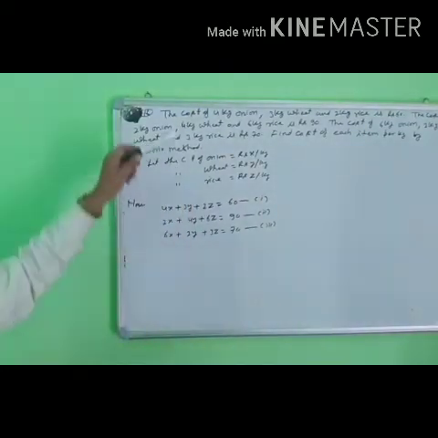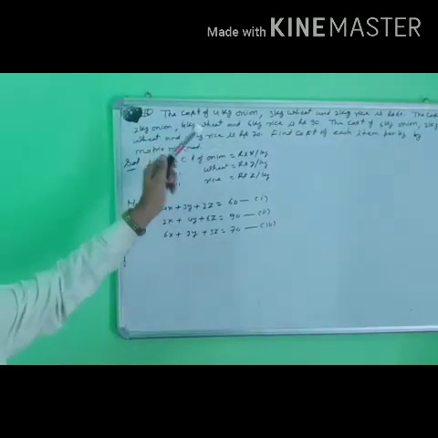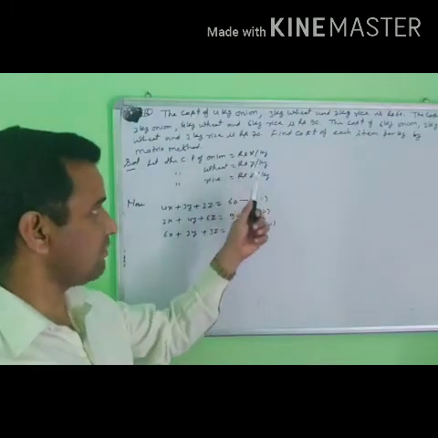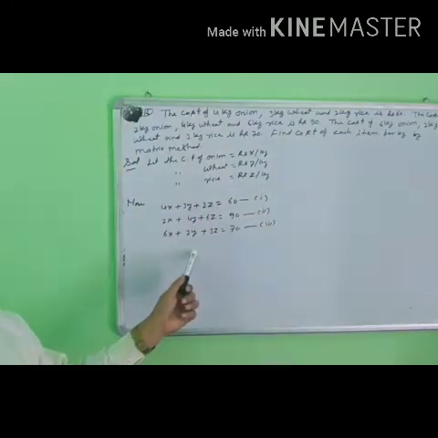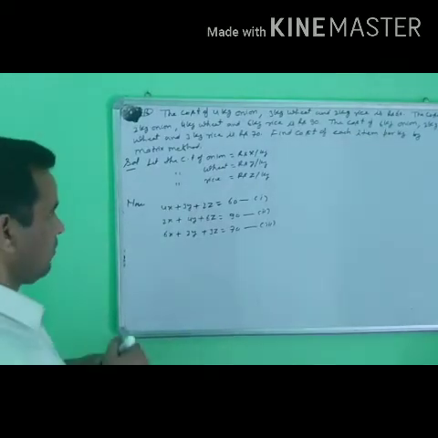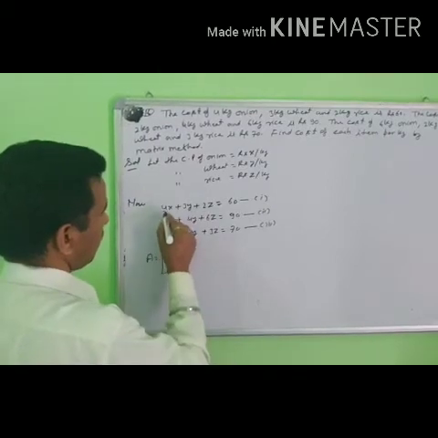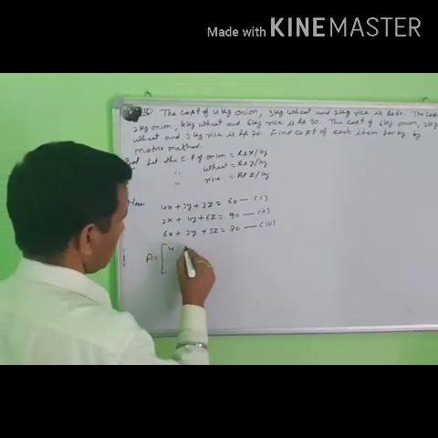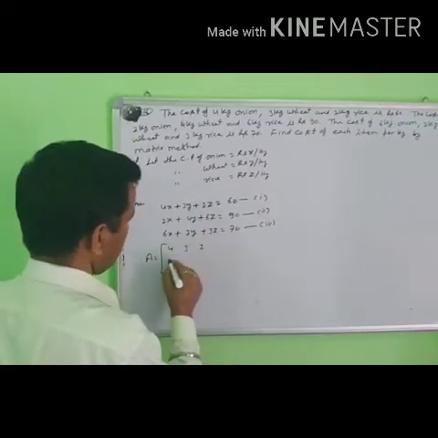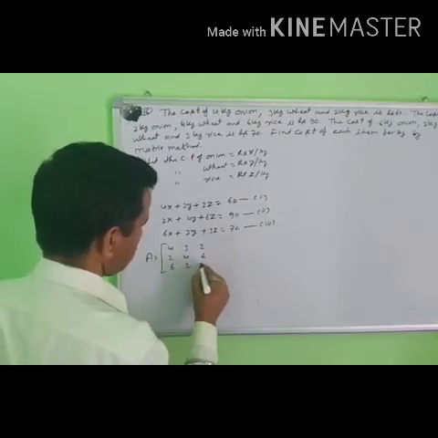First of all, read the question carefully, then observe which variables there are, convert to variable form, then convert to equation form. After converting to equations, convert to matrix form. Matrix A is 4 3 2, 2 4 6, 6 2 3.